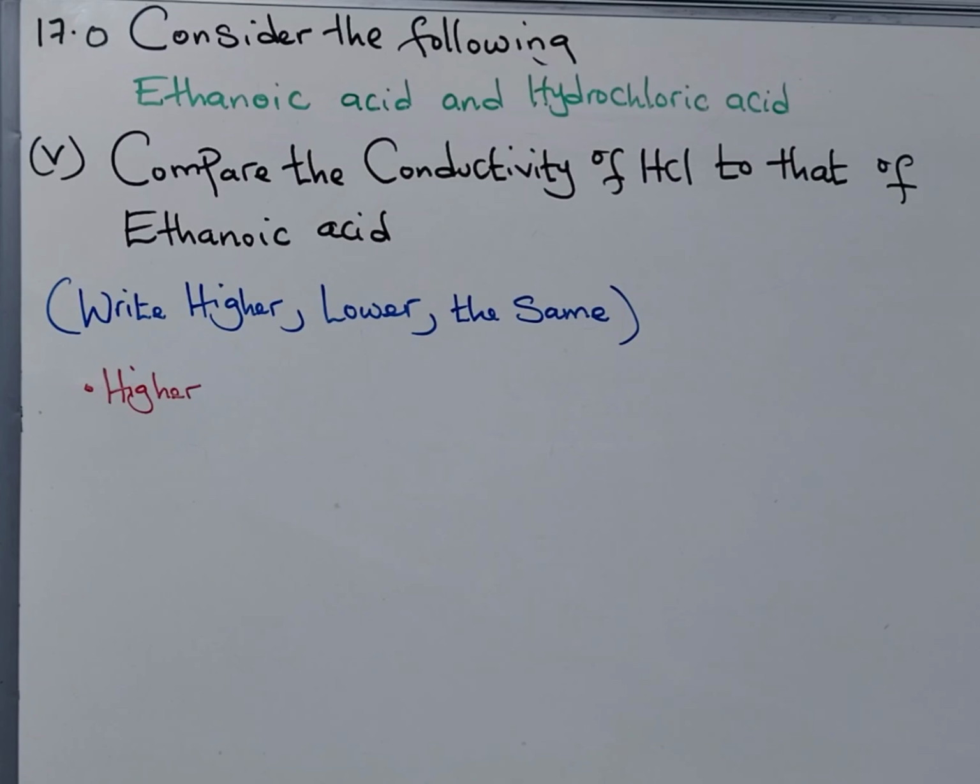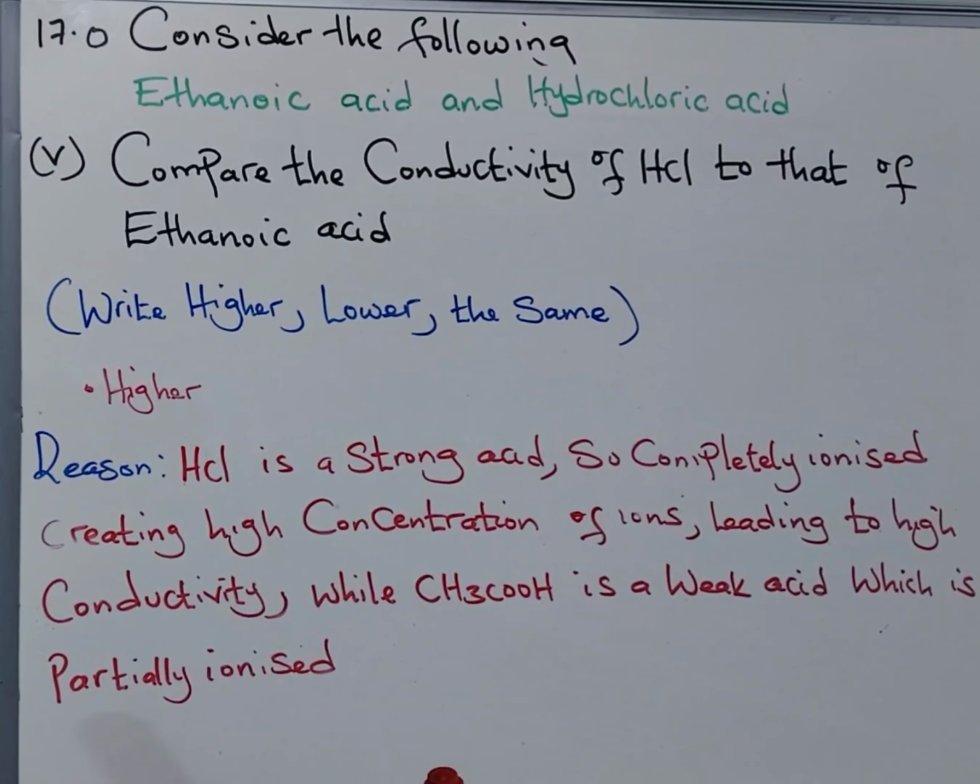So the higher the concentration of ions, the higher is the conductivity. HCl, strong acid, completely ionized, leading to a high concentration of ions, which leads to high conductivity. Meanwhile, ethanoic acid is a weak acid, which is partially ionized.